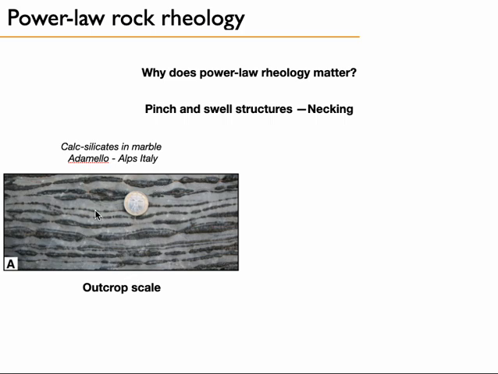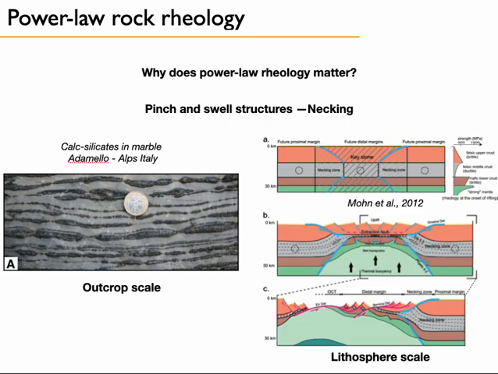involved in this deformation. But if you move to the larger scale, the scale of the lithosphere, you know that continental rifting leads to thinning of the lithosphere and potentially opening of seas. The overall structure of a continental rift can be seen or imaged as a necking process too.